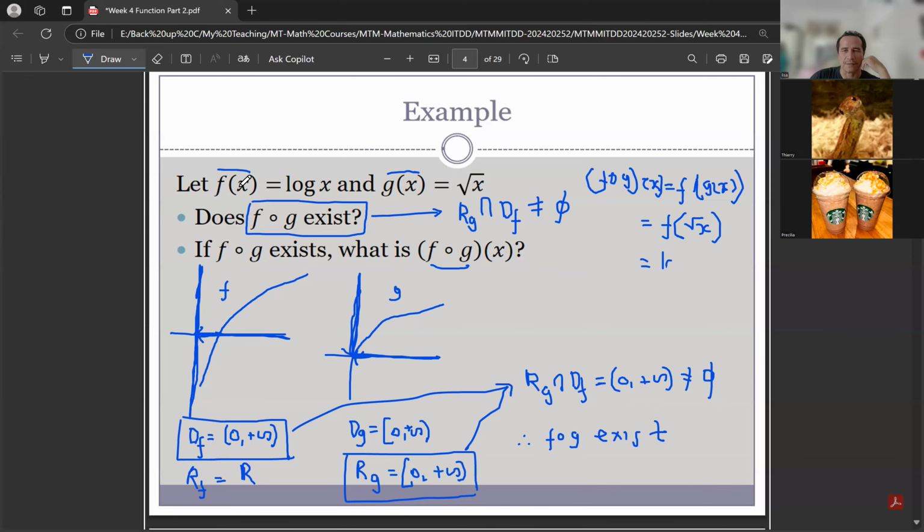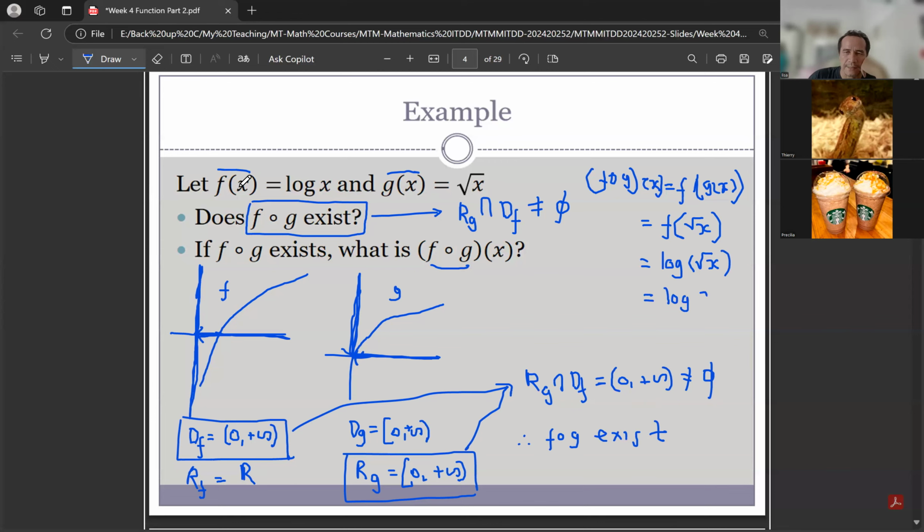So we have log of the square root of x. We can simplify it using the properties of logarithms.